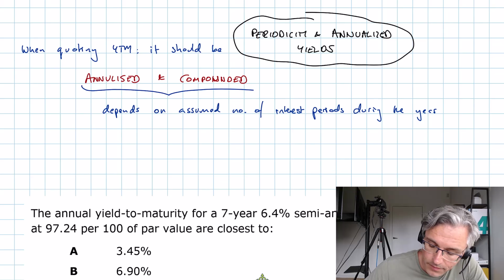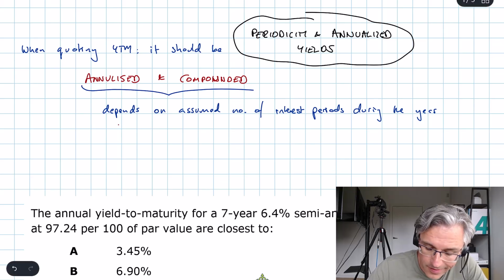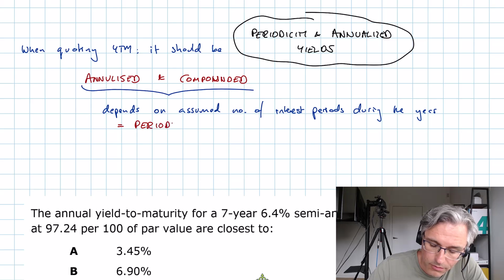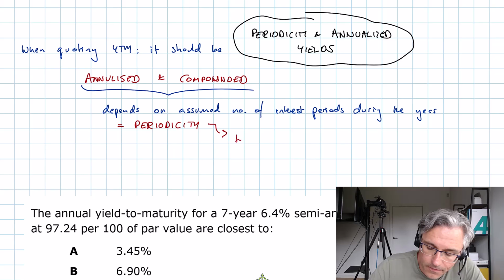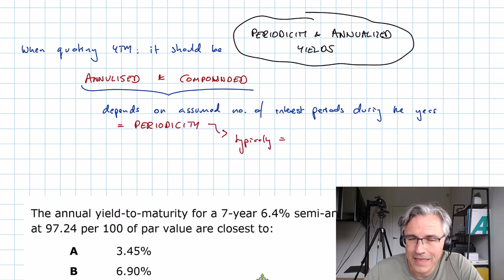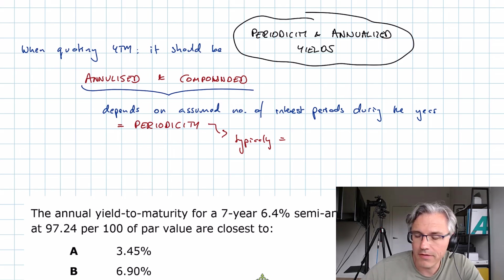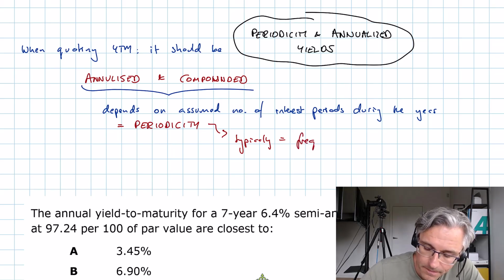That assumption is called the periodicity assumption. This is what we call periodicity, and typically what it's going to equal is the frequency of interest payments or coupon payments on a bond.